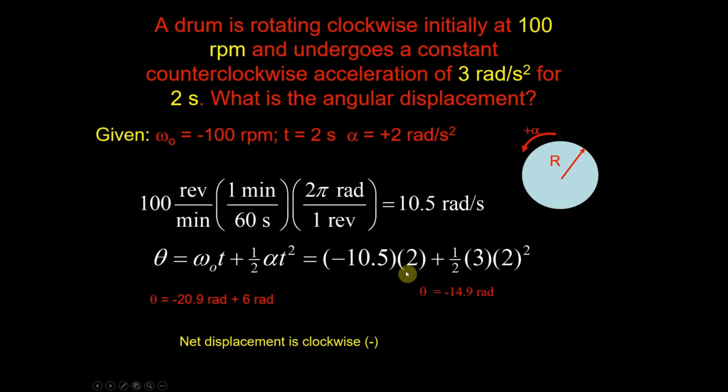So negative 10.5 times 2 plus 1/2 times 3 radians per second. I know it says 2 here. Times 2 squared. That means theta will wind up giving us negative 20.9 radians plus another 6. So theta is negative 14.9 radians.